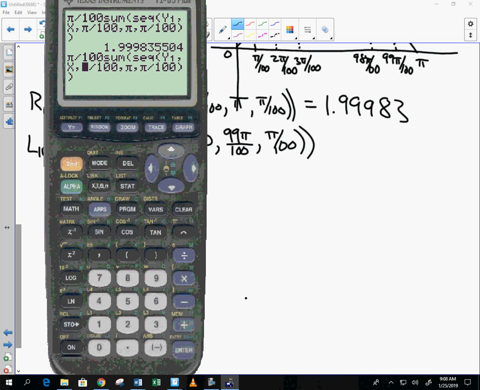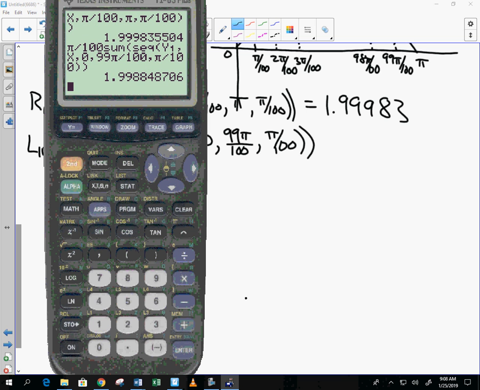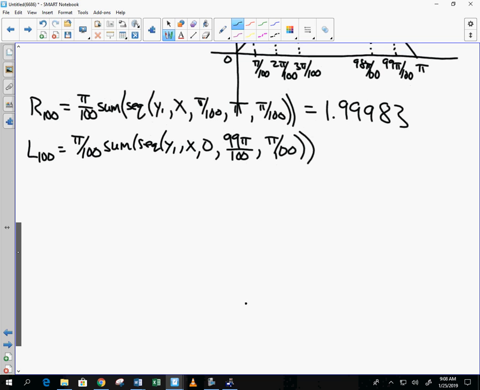I go 0, comma, and I do 99 pi over 100, comma, pi over 100. That saved me a lot of time, didn't it? Oh, got an extra parenthesis. Thank you. I press enter, it takes a while to think about it, and I've got 1.99884.